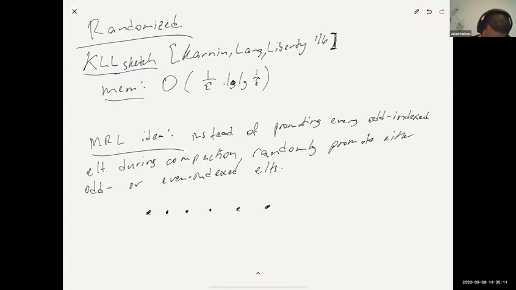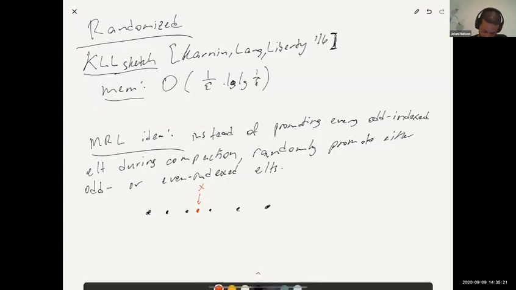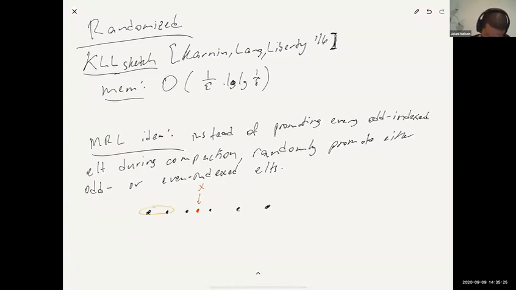Where do I want to put X? Let's say this is my query X. And then I do a compaction.